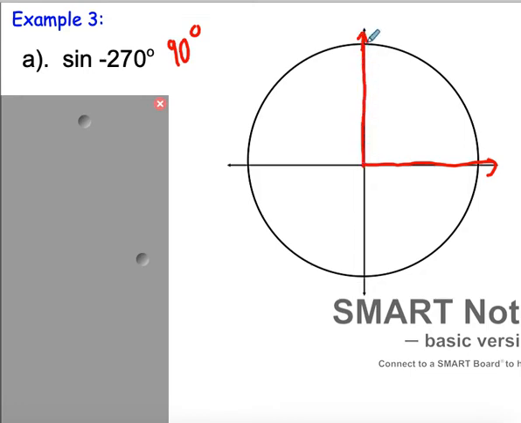Now first off, if you're on the axes, at 90, 180, 270, or 0 or 360, you don't have triangles, and we're not going to talk about reference angles because either way it'd be the same to the x-axis. And so we're just going to think of it as an XY graph.